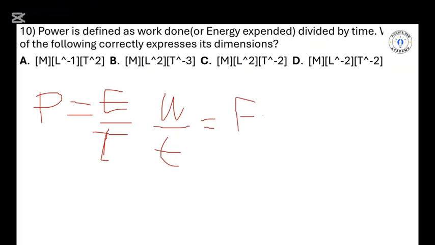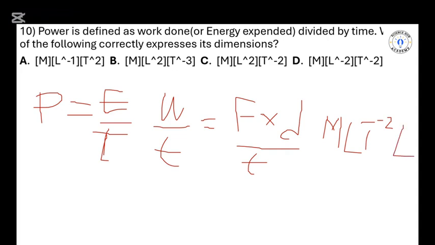Force multiplied by distance, divided by time. What's the dimension for force? M A, mass times L T to the power -2. Distance above is also L, then divided by time. This is the dimension for time. Let's combine these two L's.